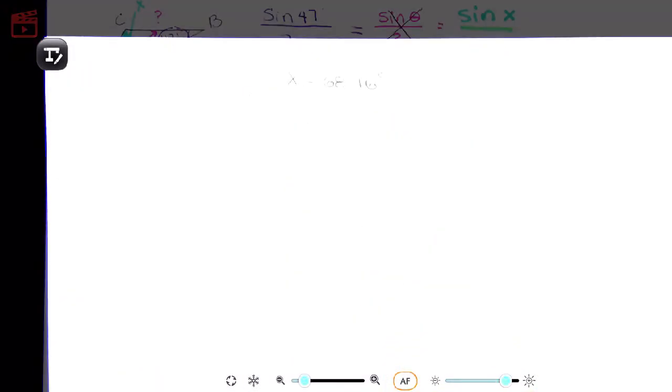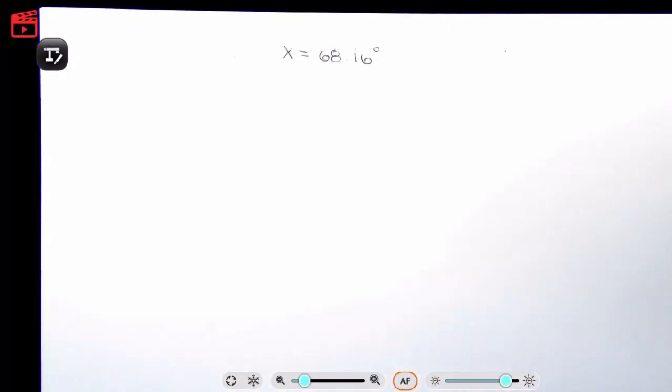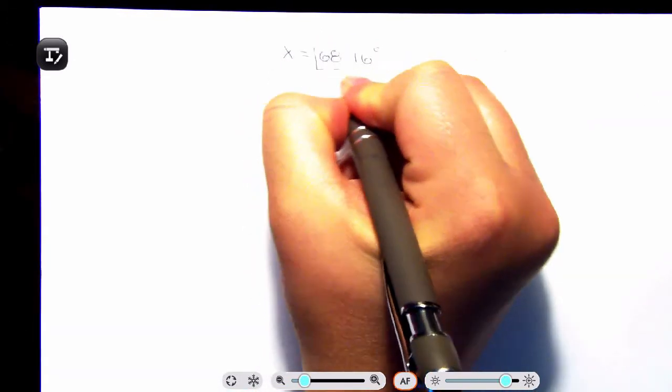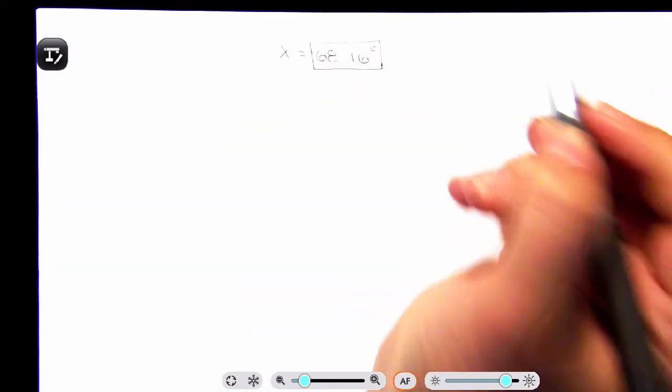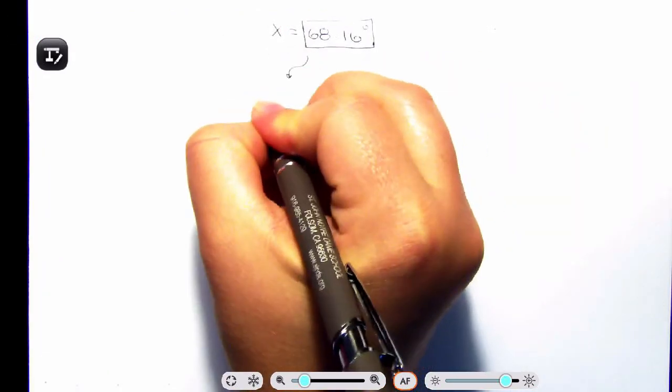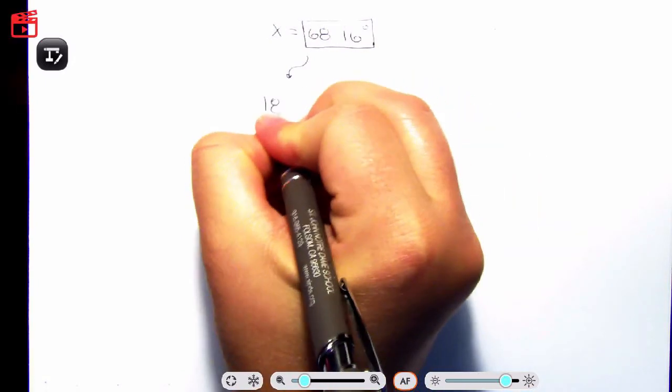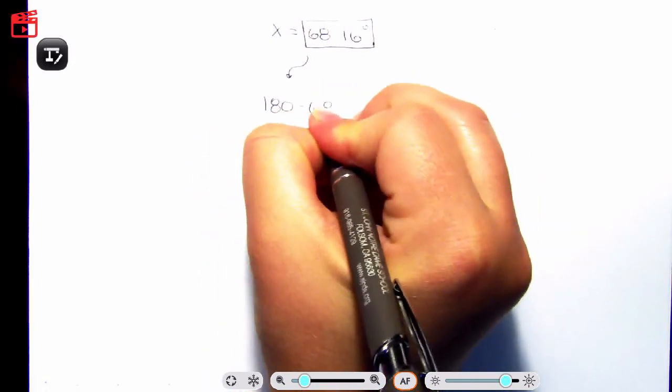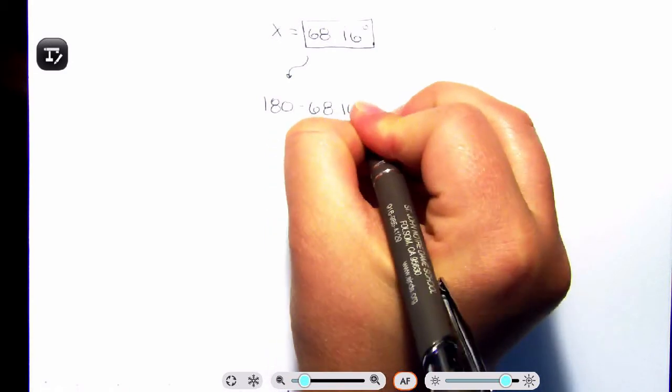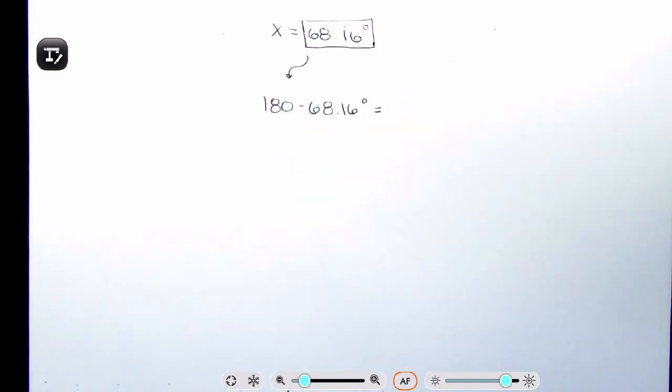Now that we have our X value, we got to go back to our triangle and see what makes sense. Now this X value, again, is not the only value. It is a positive angle, so we have to check if potentially we could have another angle that X could be. So we're going to take 180 and subtract 68.16 from it to see what our potential possible angle could be.